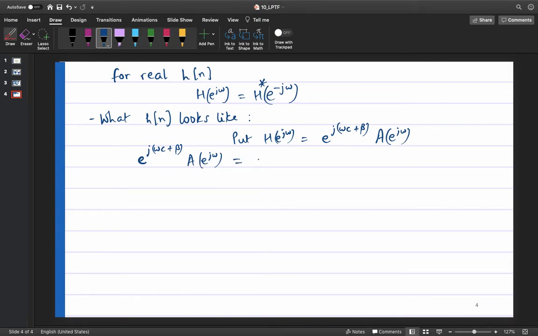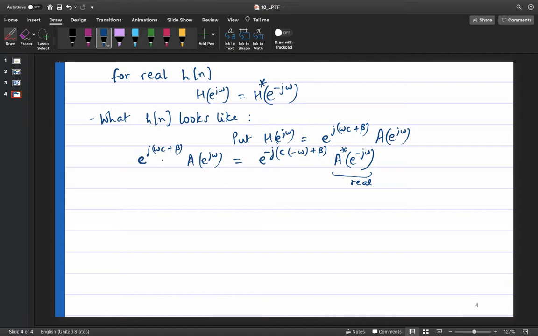This is equal to H star, which means e^{-j(cω+β)} A*(e^{-jω}), because ω also is negated. Now you know A is real, so the star does not play any role.